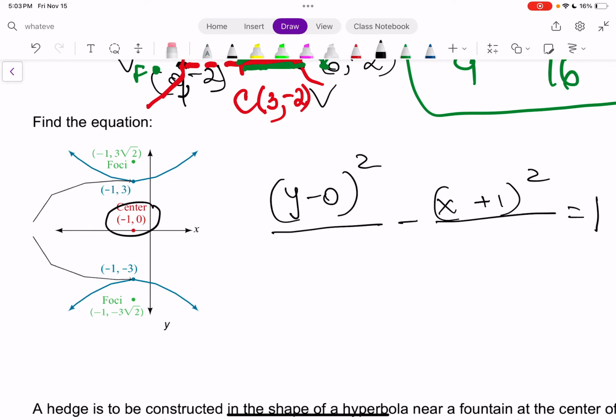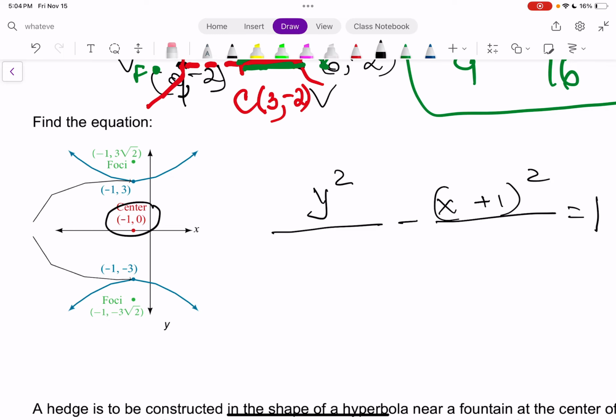So, of course, I don't have to subtract, y minus 0 is y, so therefore this is just the y squared. So whatever the x-coordinate is for the center, we subtract that from x. Whatever the y-coordinate of the center is, we subtract that from y.